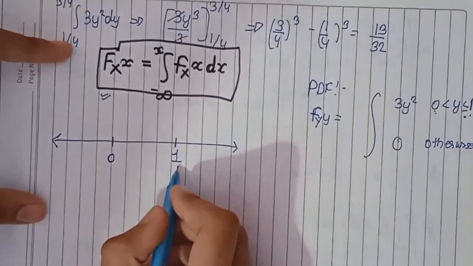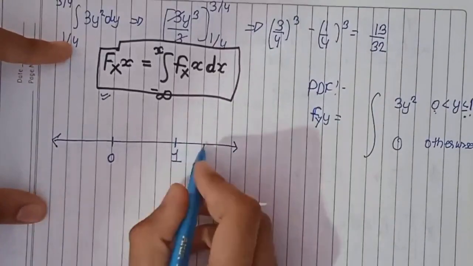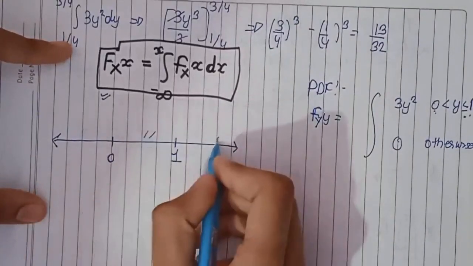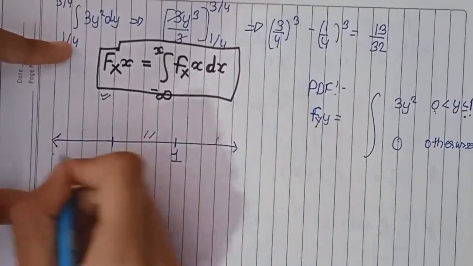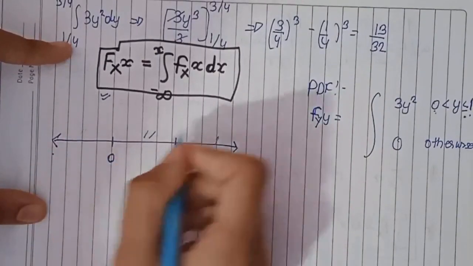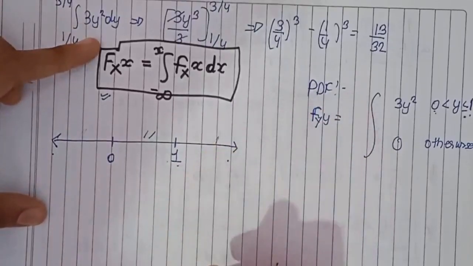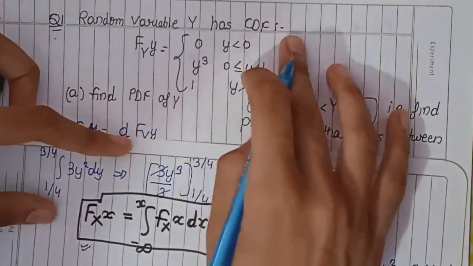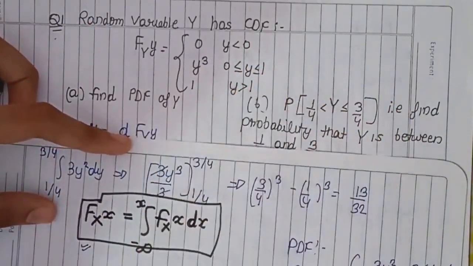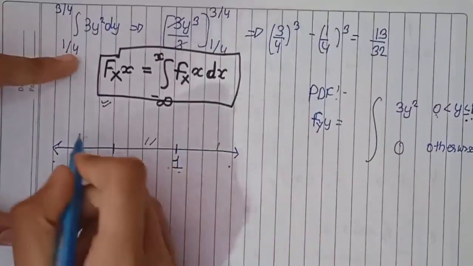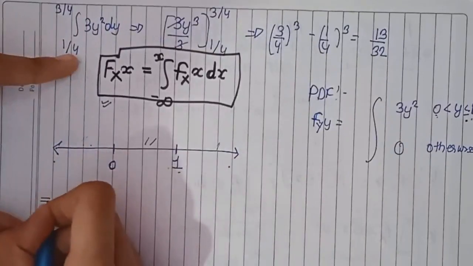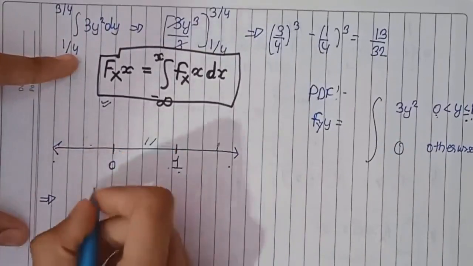Now as you can see, these points divide the number line into three different regions. The first one is from minus infinity to 0, the second one is from 0 to 1, and the third one is from 1 to infinity. So you will have three different ranges for the CDF of y. For the CDF in this range, you need to integrate the PDF in this range.